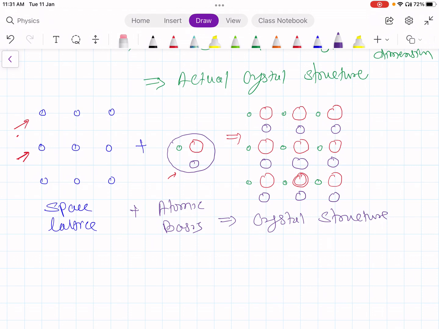Now if there is one atom per lattice point, then it is called a monoatomic crystal.